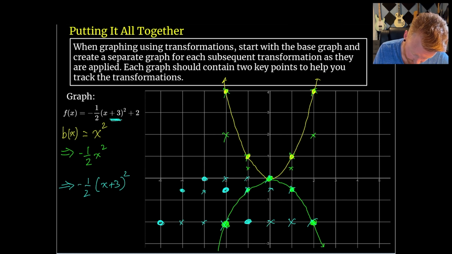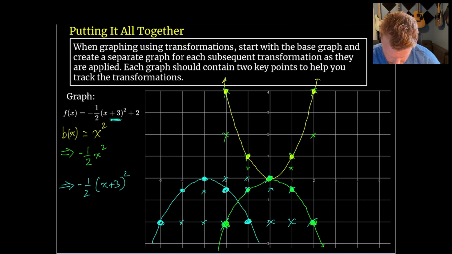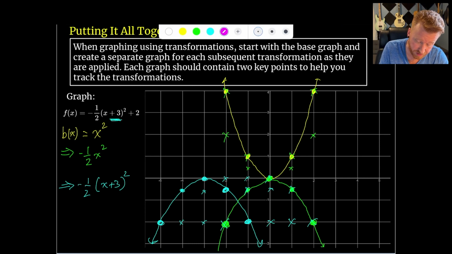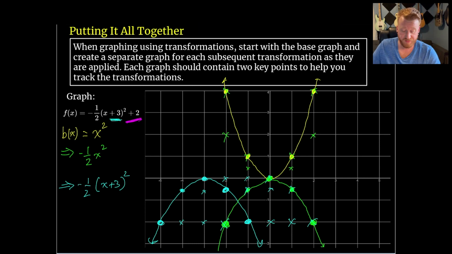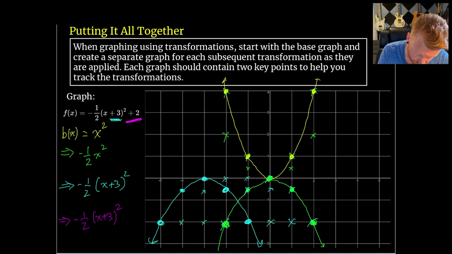So here is getting one step closer to the final answer. Here I've shifted the graph over to the left 3 units. And then the last thing we want to do here is make this final shift of moving everything up by 2 units. So the final form here, negative 1/2 (x plus 3) squared plus 2, means I want to take this blue graph that I have and shift all of those points up by 2 units.